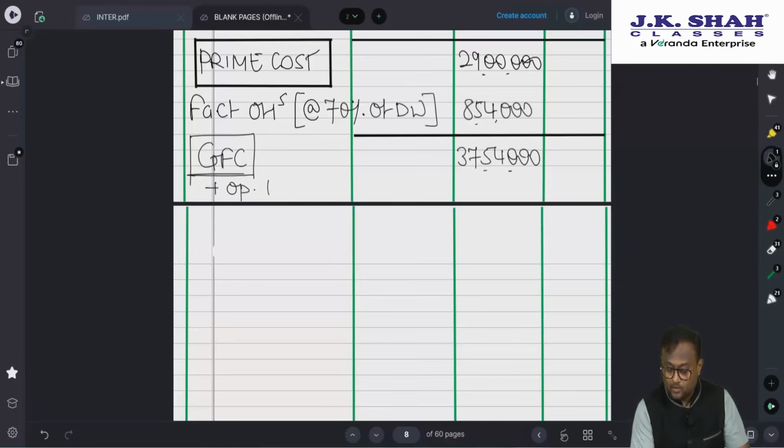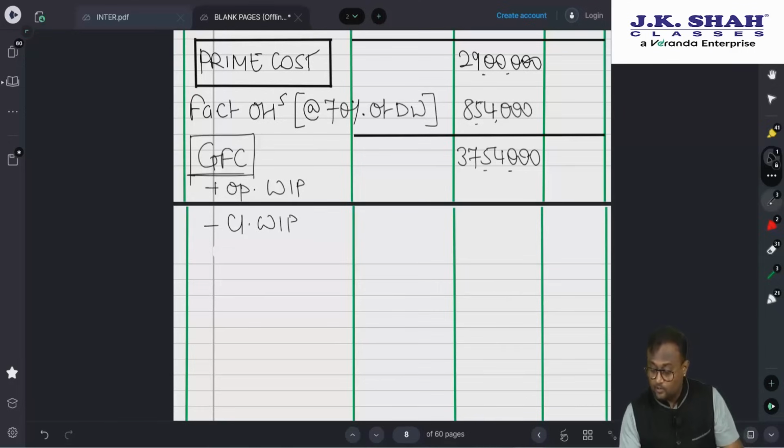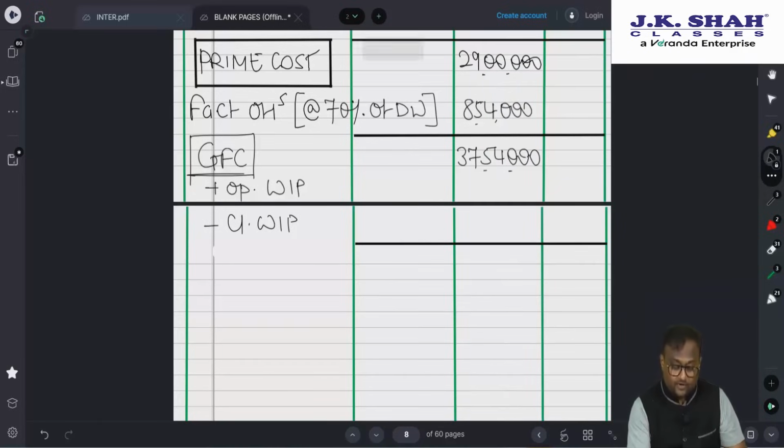I need to add opening WIP, I need to subtract closing WIP. Please write full forms. For opening and closing WIP, they have clearly specified that figures as per cost records and financial records will be the same.